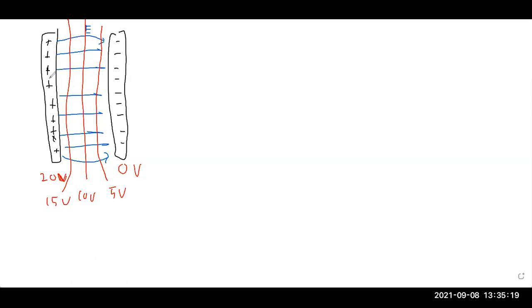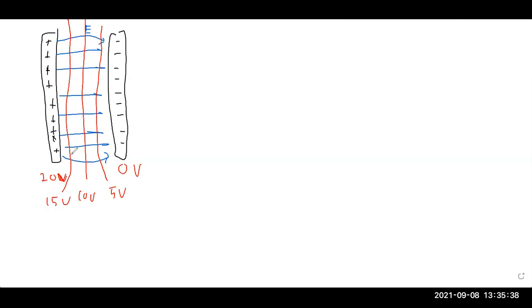So the closer you are to the positive plate, the higher the electrical potential, the more potential energy there is for a positive charge to be there. So at all those points that are at that same distance, they end up being at the same electrical potential.